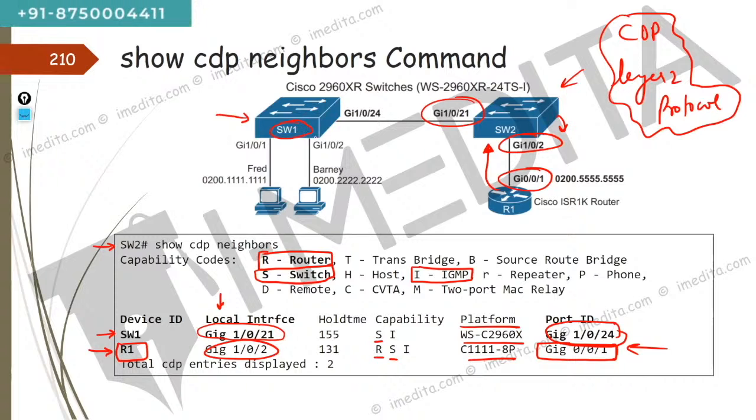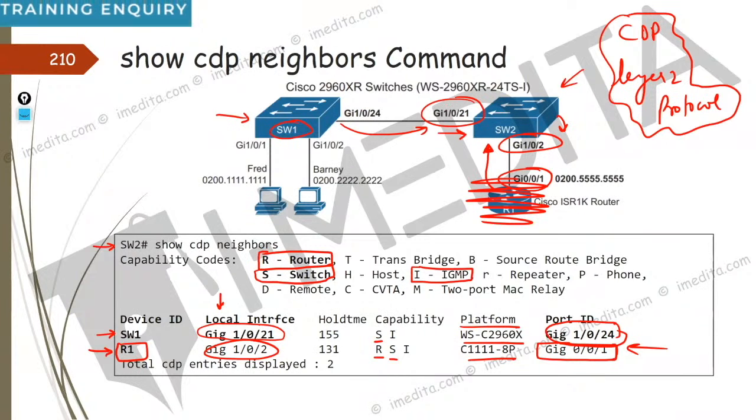Then switch 1 will only be able to see switch 2. It will not see any information about R1 because R1 is not directly connected in any way with switch 1. So CDP shows you information only about those devices which are directly connected with you.